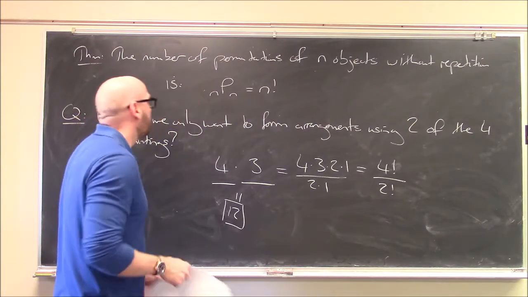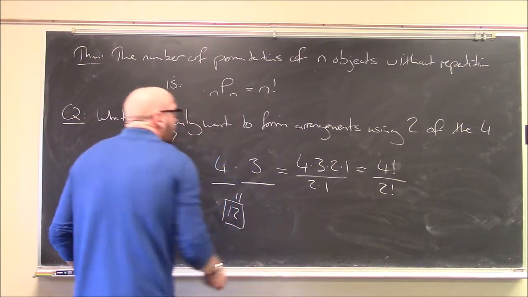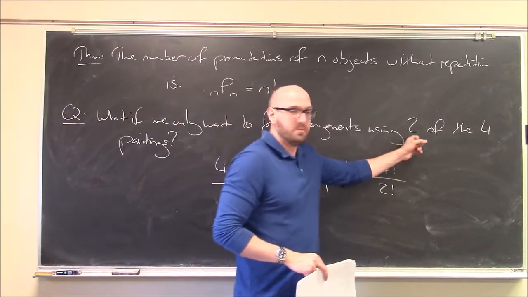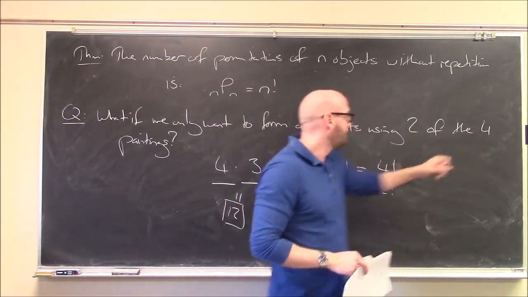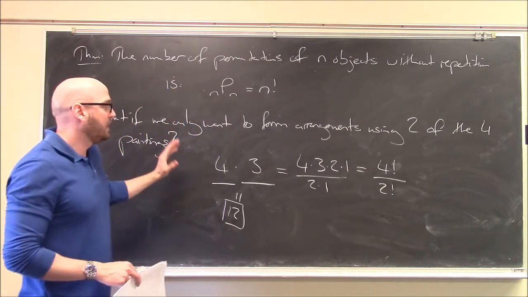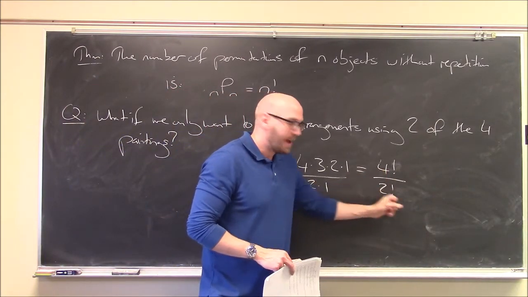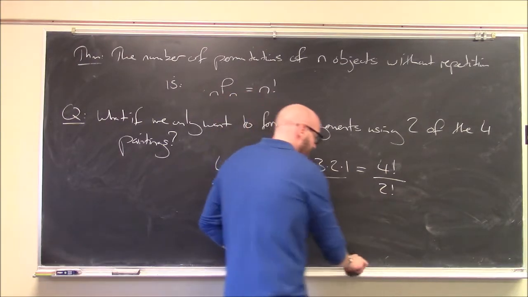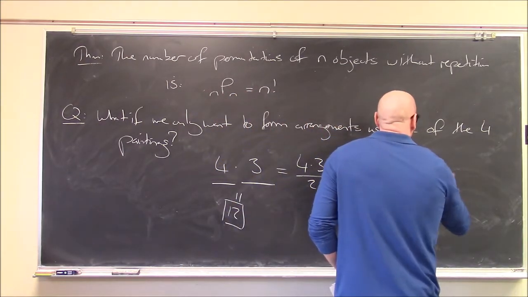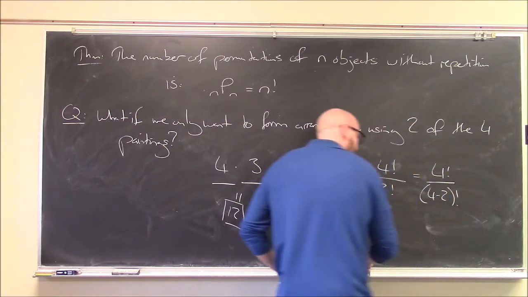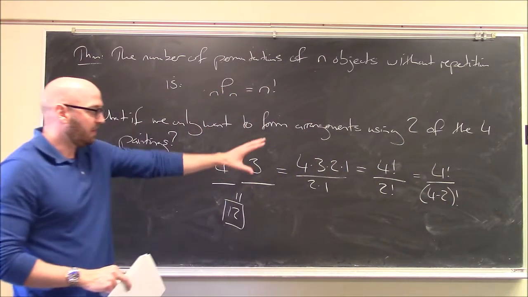Well, because our theorem is going to say that if we're forming arrangements of r objects out of n total, then the total number of arrangements is n factorial over n minus r factorial. So you can even go a little bit further here. This is 4 factorial over 4 minus 2 factorial, which is what the formula is really going to say is how we're going to compute this.